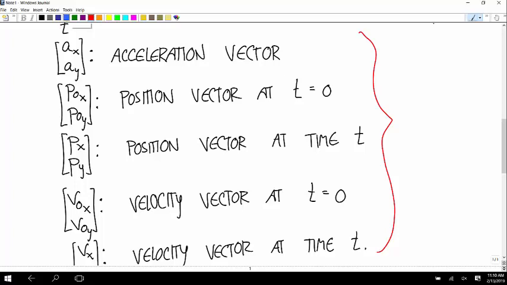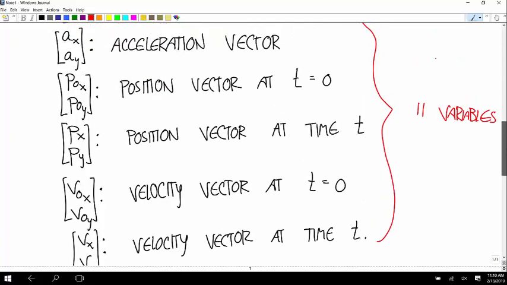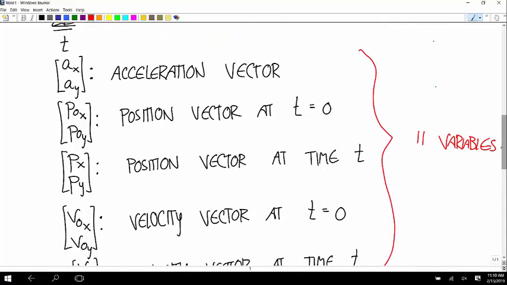And so now we have 1, 2, 3, 4, 5, 6, 7, 8, 9, 10, 11. 11 total variables that can come up in the equations. Right, 1 through 11. Yep.